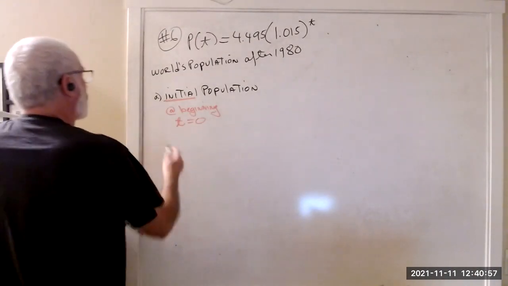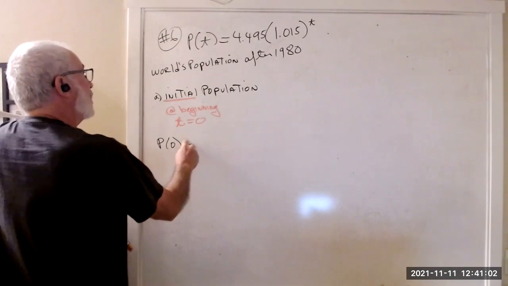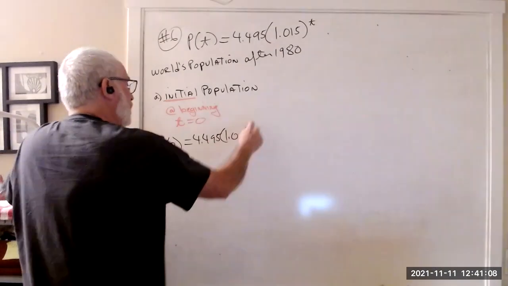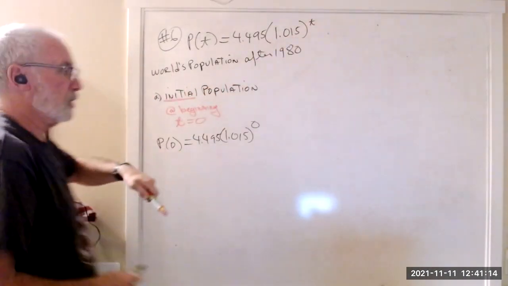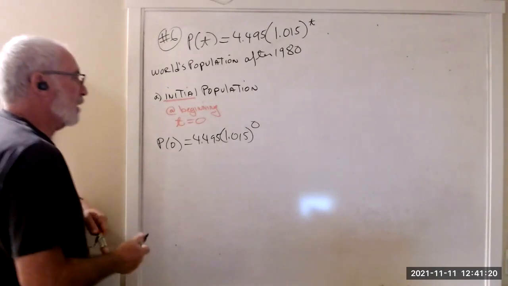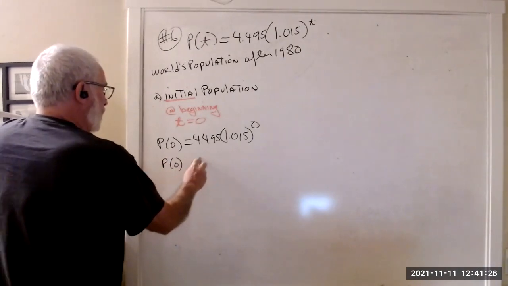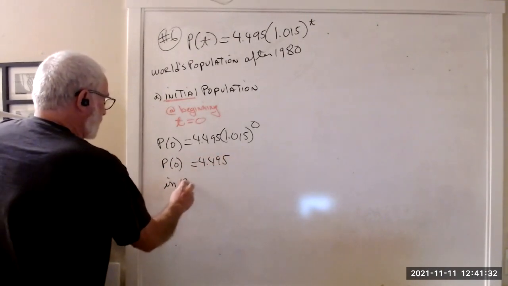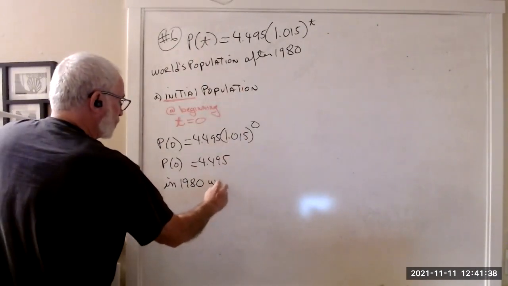So we have P of 0, the population at 0 time, is 4.495 times 1.015 to the 0 power. Time in the formula is 0. Well, we know that anything to the 0 power is 1. So the population when time is 0 is 4.495.